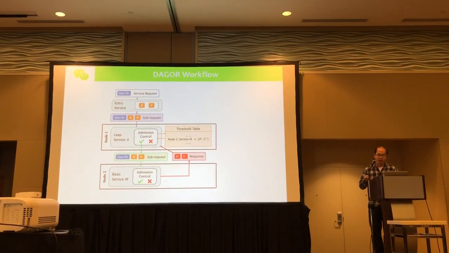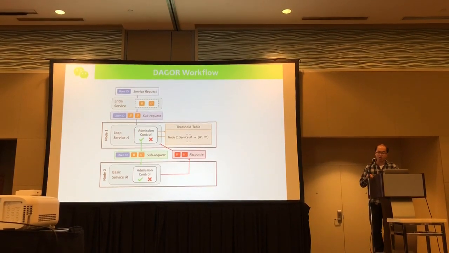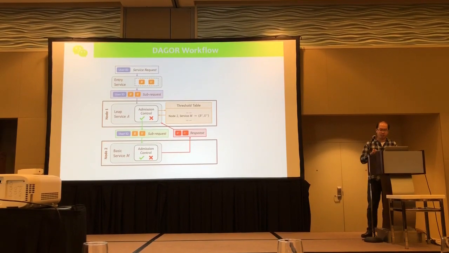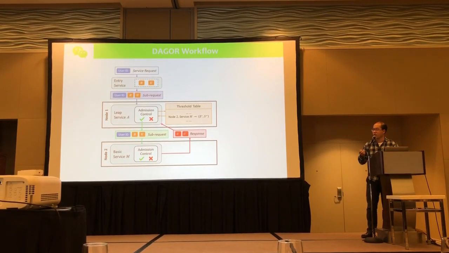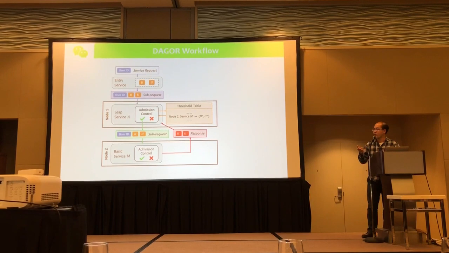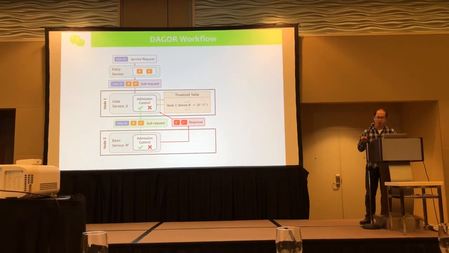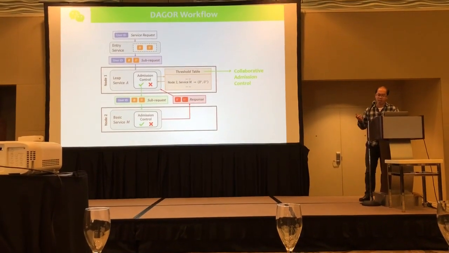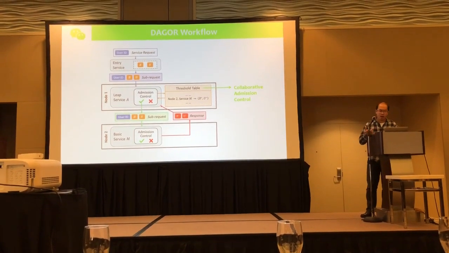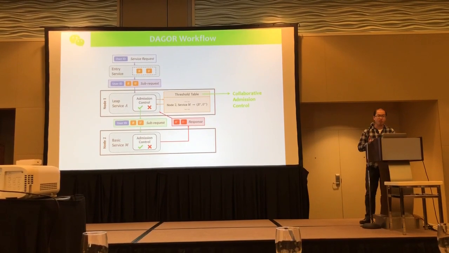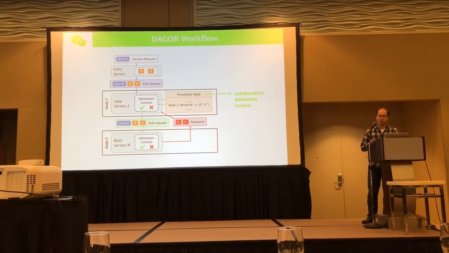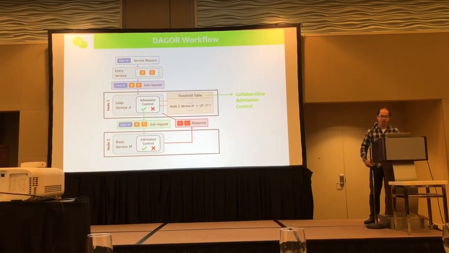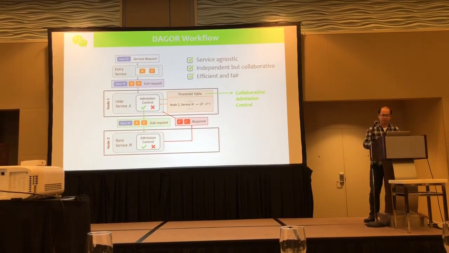So when the service sends the response to the upstream service, it also replies with its business and user priority to indicate its load status, so that it can perform the collaborative admission control. That means the upstream service will perform the local admission control first before sending out the request.